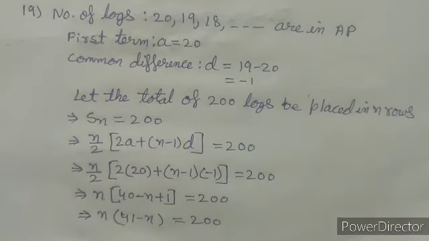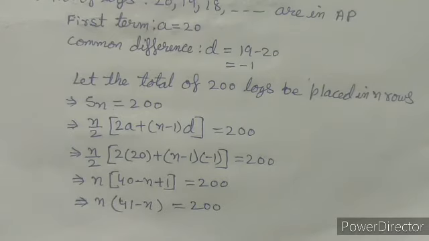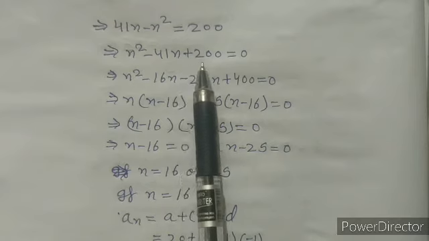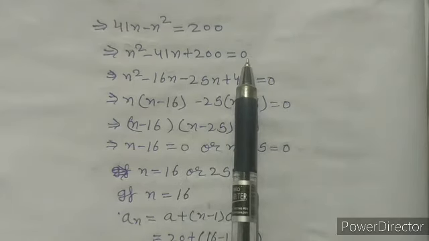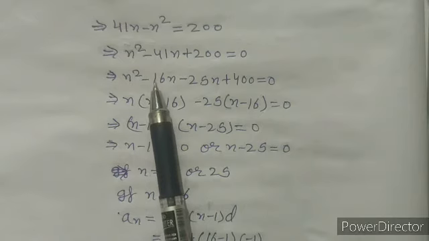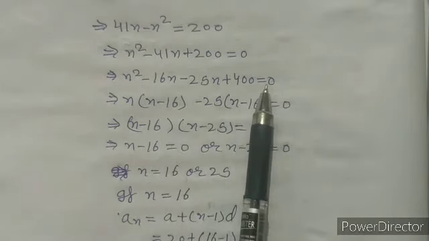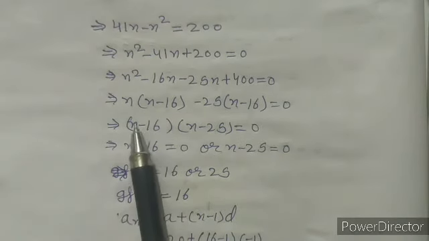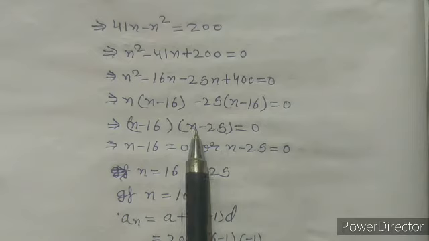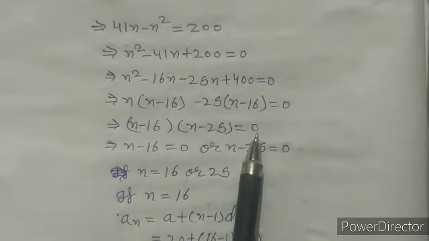Now here we are getting a quadratic equation in n, that is n square minus 41n plus 400 equal to 0. Now this will be n square minus 16n minus 25n plus 400 equal to 0, and this will give us two factors as (n minus 16) into (n minus 25) equal to 0.